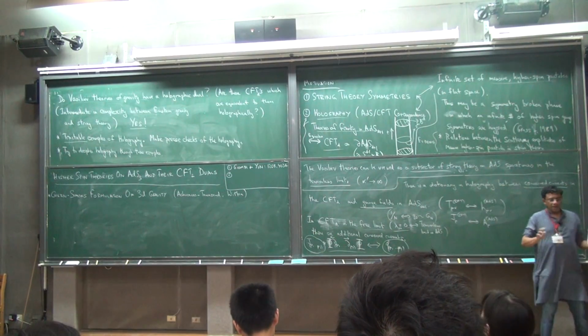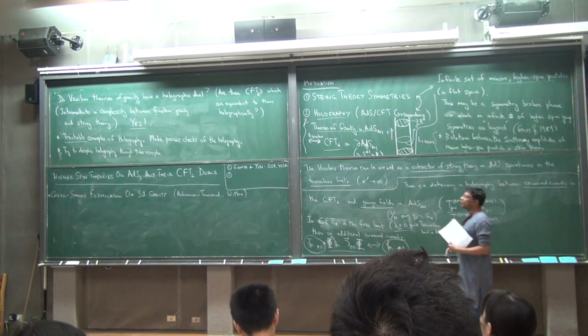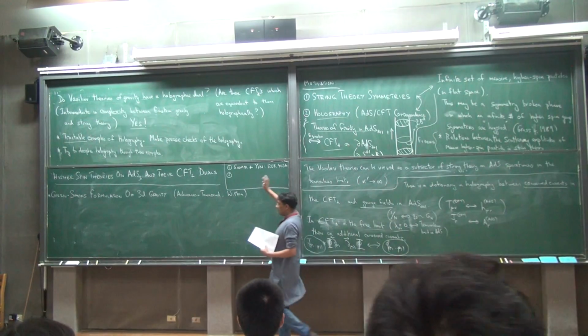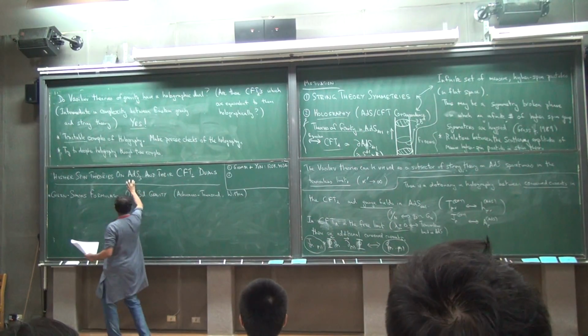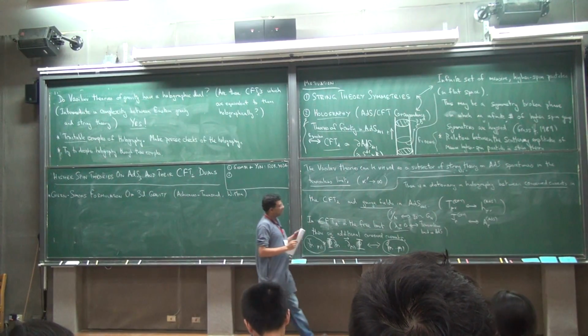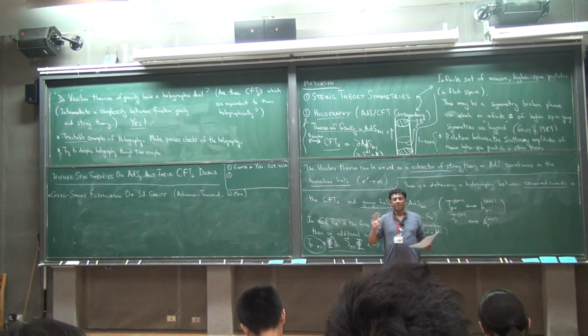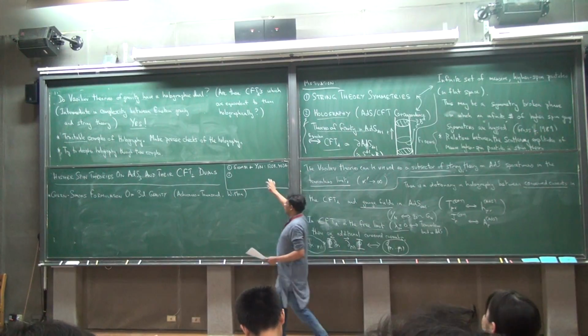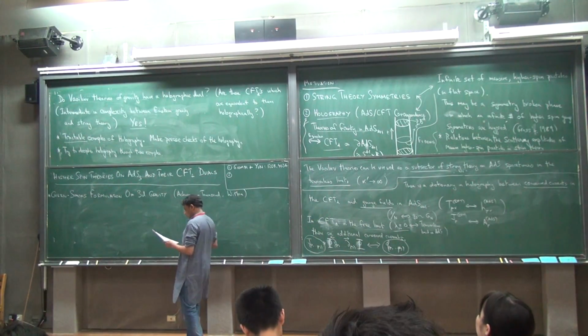They give a nice overview of the Vasiliev equations, but then focus mostly on the case of AdS4 and the dual CFT3, which also has many interesting features. So you can look at their review for that.